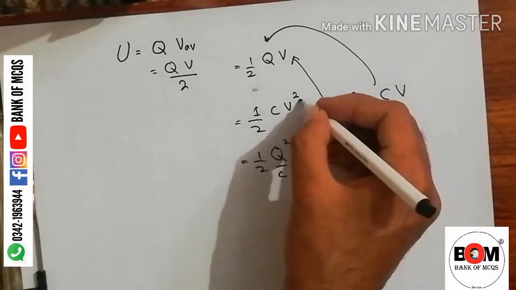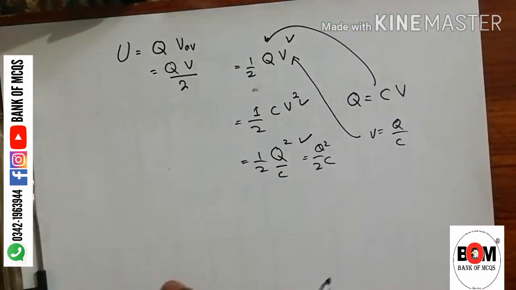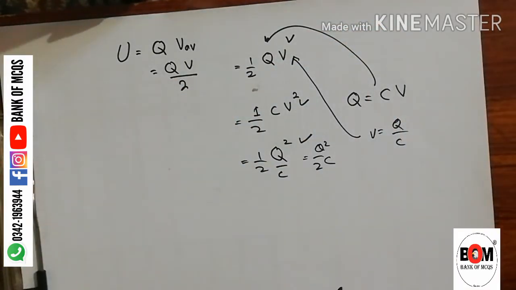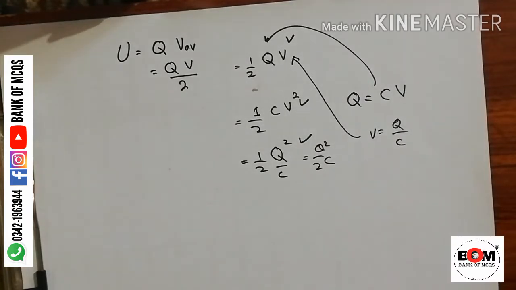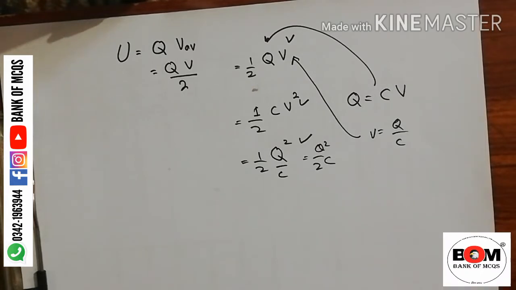So all of these three are the possible energy equations. Done? Now another term is to find energy density.